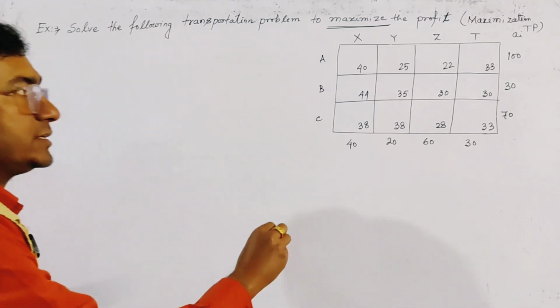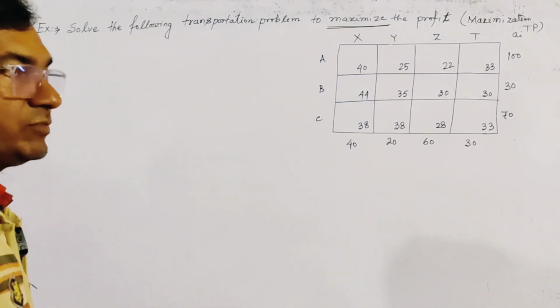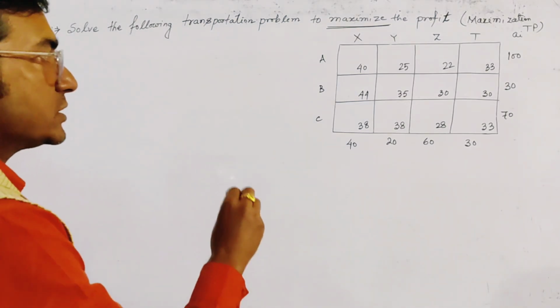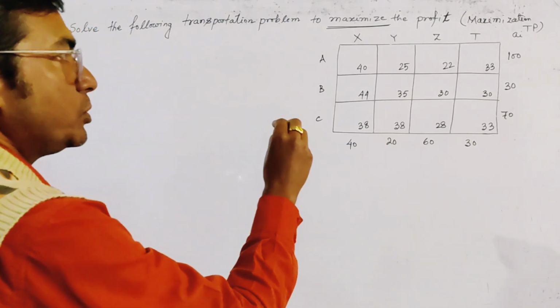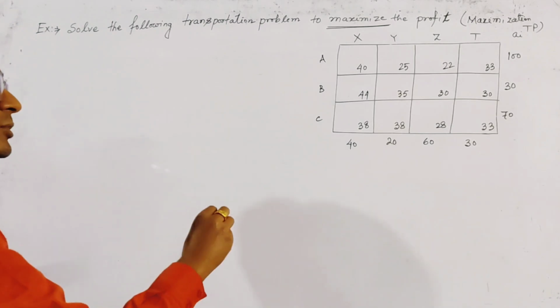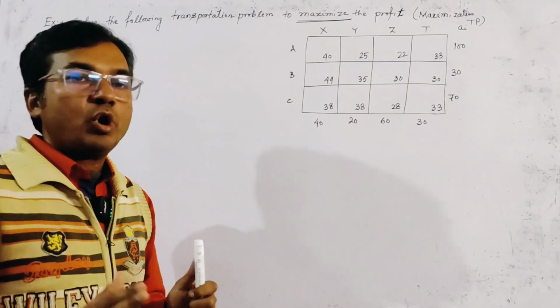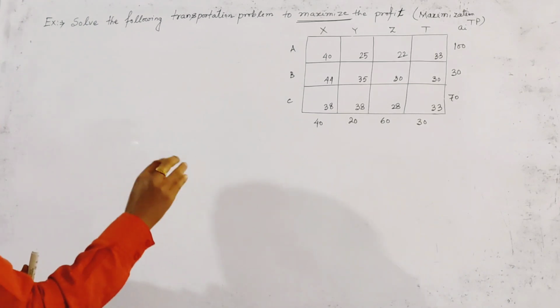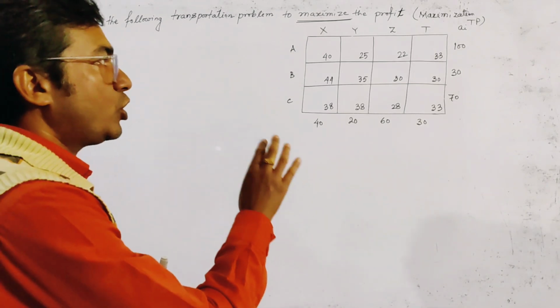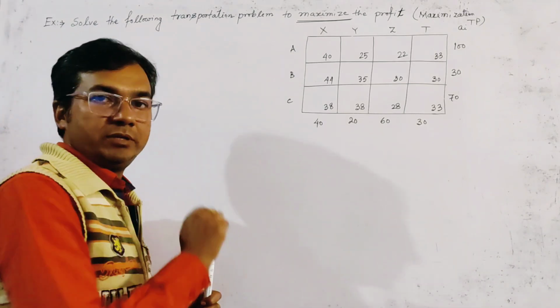To convert it into minimization type, we first subtract all the cost coefficients in each corresponding cell from the maximum cost of the table. And so we first have to find the maximum cost coefficient of the table.